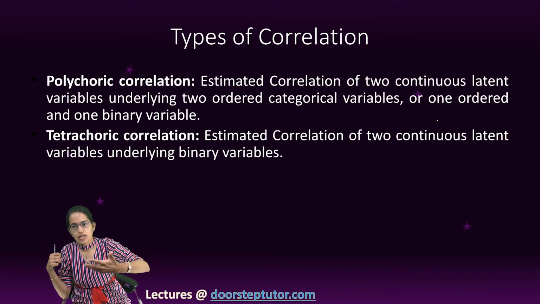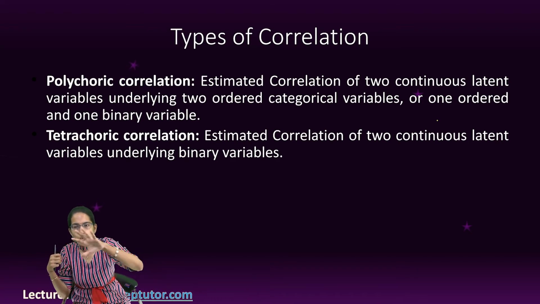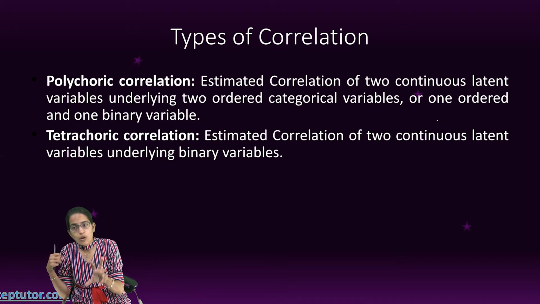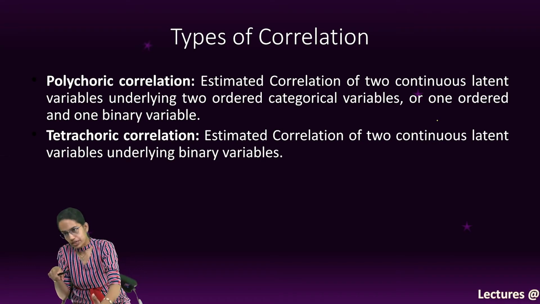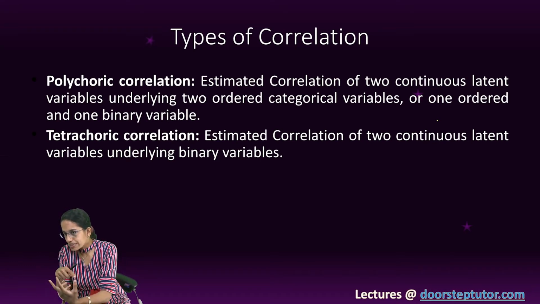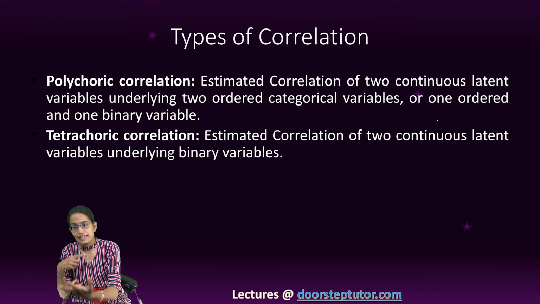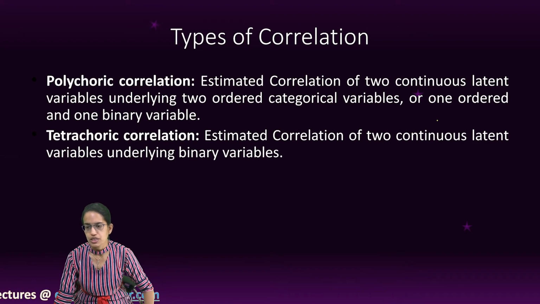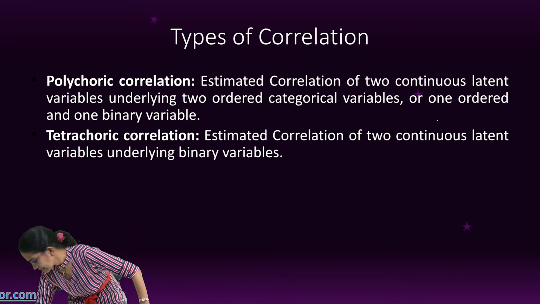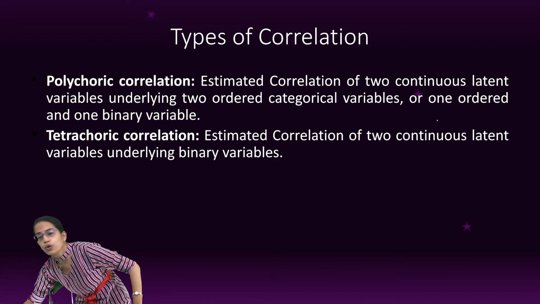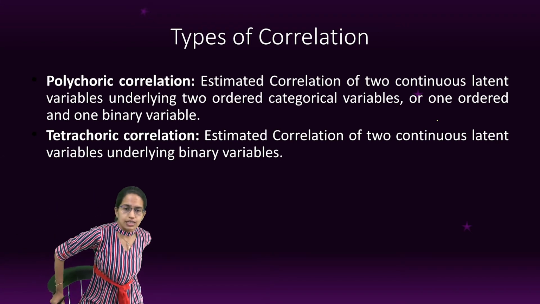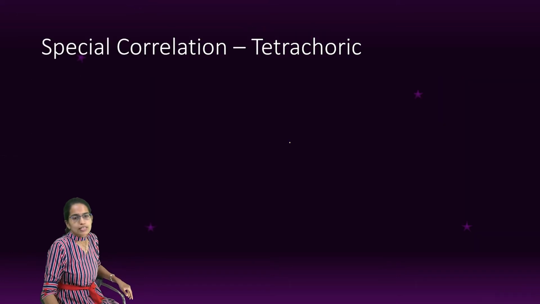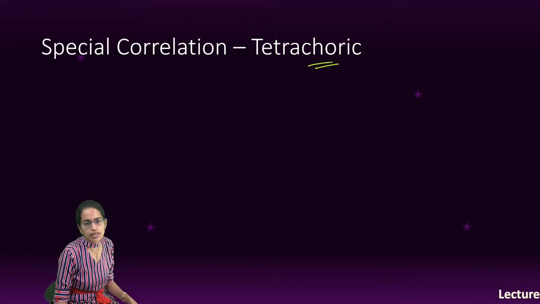Similarly, when I'm talking about attitude towards females, out of all those I just take two. Both of these are continuous variables, but I am transforming those continuous variables into binary variables. When I transform a continuous variable into a binary variable, that's an artificial dichotomous variable. And since it is an artificial dichotomous variable, I would try to form a relation between the two. That's how we understand the tetrachoric relationship.